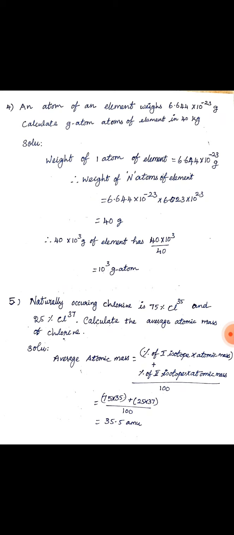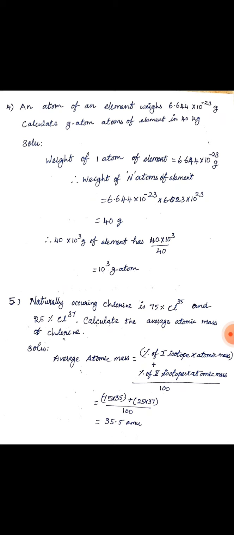Therefore, weight of N atoms of the element is 6.644 into 10 to the power minus 23 into Avogadro number. As I told you already, 6.023 into 10 to the power 23 is the N value. Now you can calculate the numbers. What will you get? You can get 40 grams.